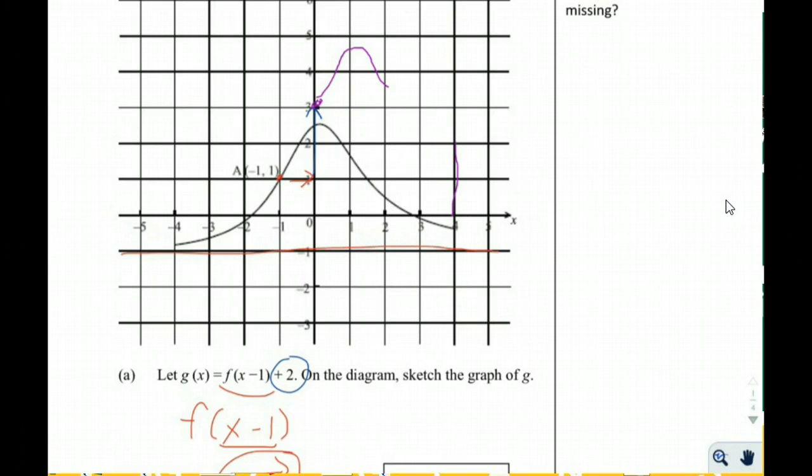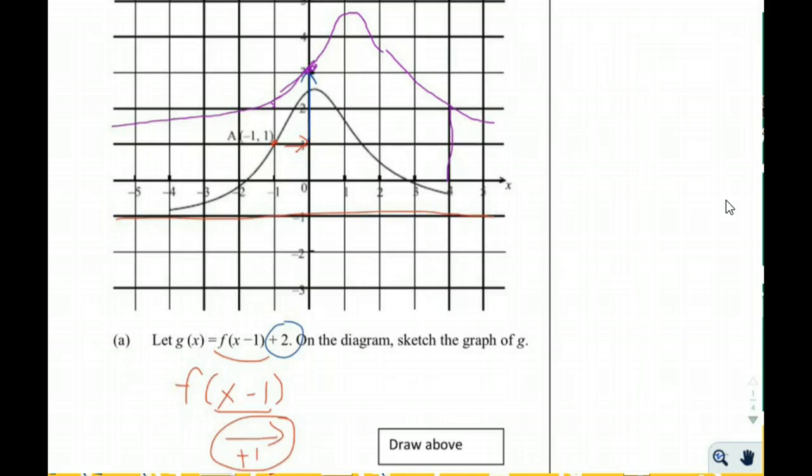So we go through there, about. And then on this side, it would go about there. So that's basically what g would look like.